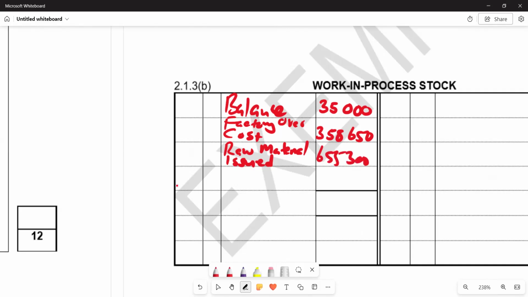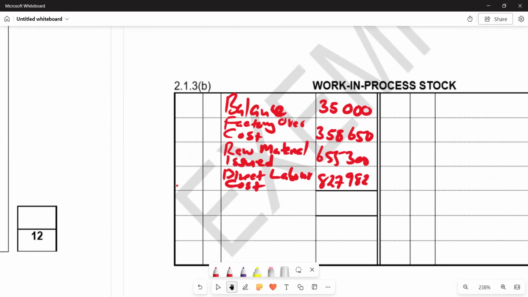And then we also have direct labor costs, and the figure that we have there is 827,982. So these are the figures that we have.